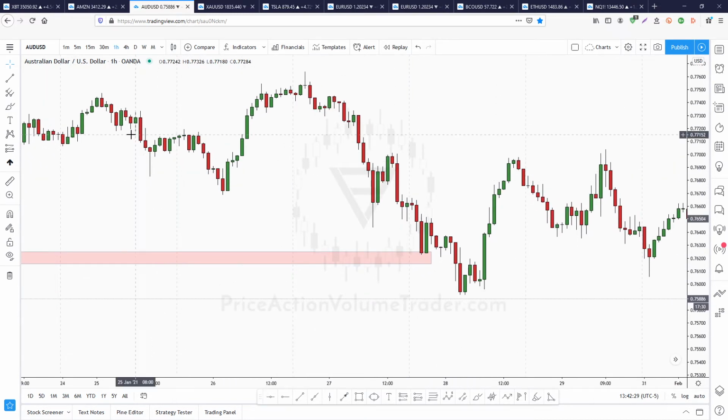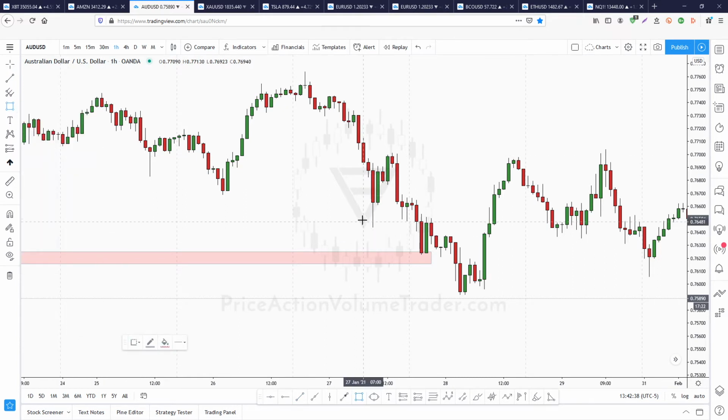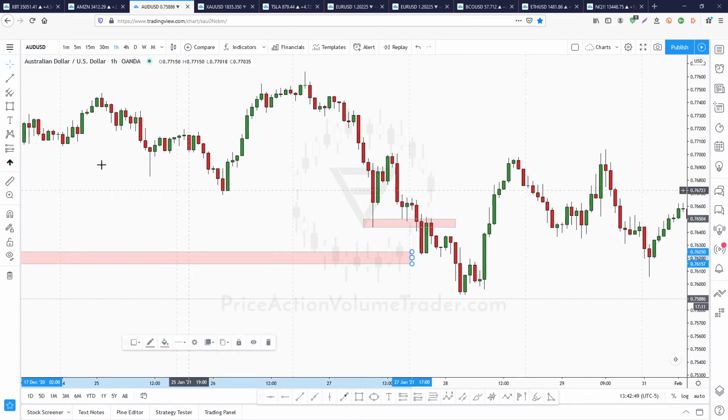But what happened here? Well, you can even see we had a little area here where we actually had a breakdown off of it. So we got to this point.